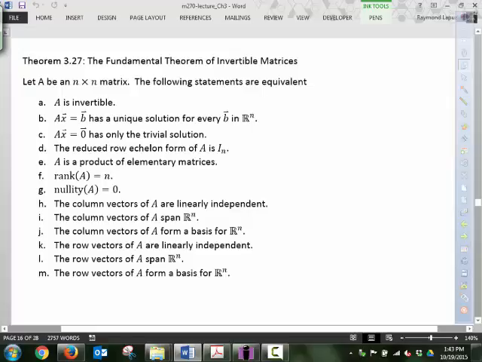When we talk about systems of linear equations, you can write your augmented matrix as A with a B in it, and then similarly you have this homogeneous system where the right hand side would be all zeros.